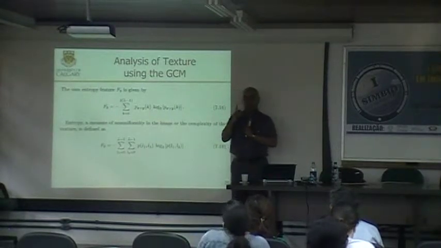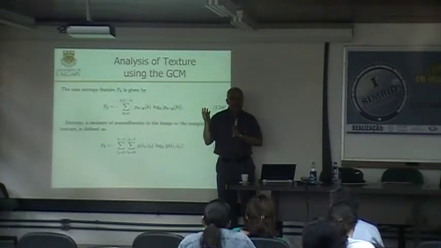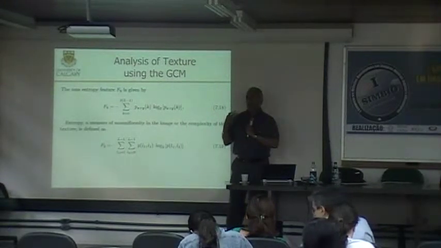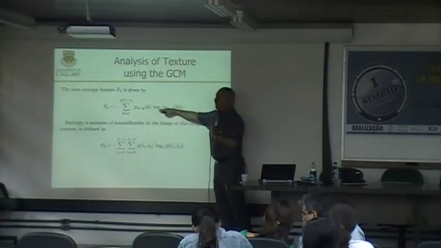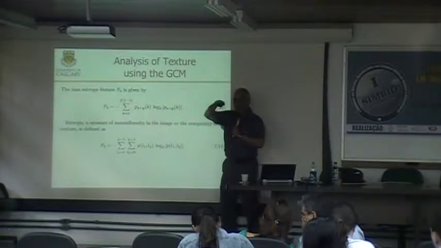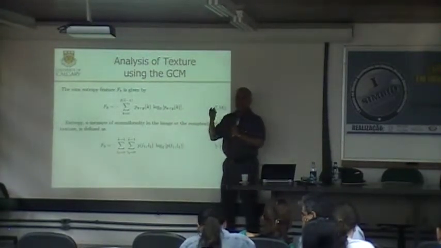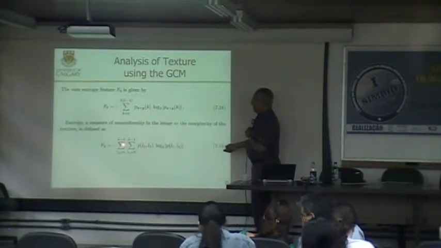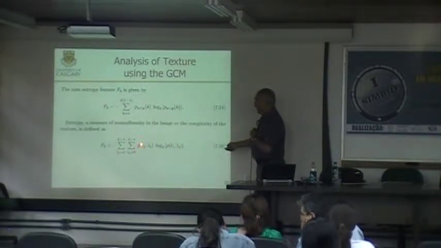When the probability of one event is equal to 1 and everything else is 0, then you know what is happening, so there is no information conveyed by such an event. So when all the events are equally likely, when the histogram is flat, this will be maximum. When there is structure, the value changes. So another entropy, P(L1, L2) log P(L1, L2), summed over all L1, L2.